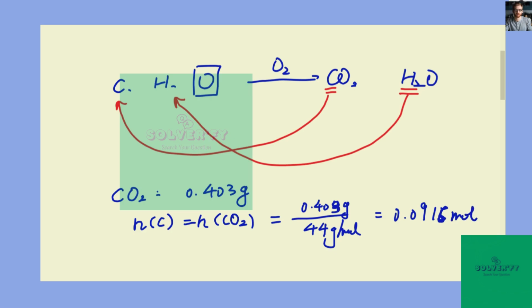From this, we can also know the mass of the carbon, which is simply n carbon times the molar mass of the carbon, which is 0.00916 times 12.